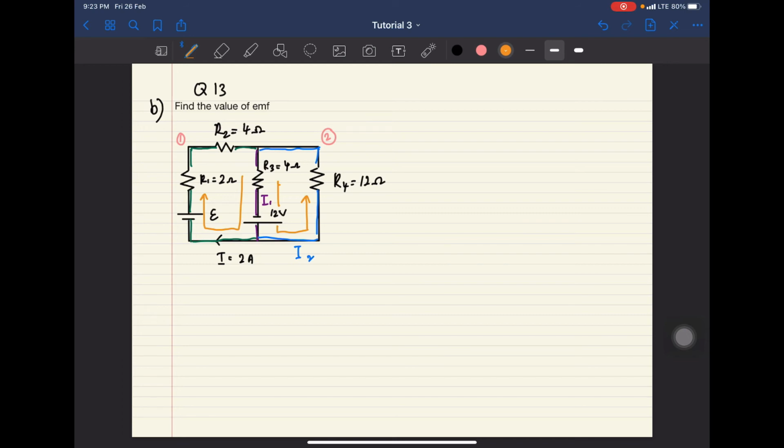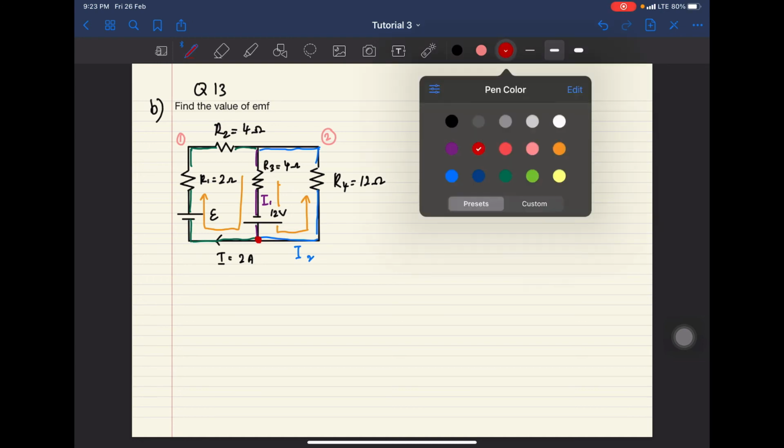Okay, now about the current direction. So direction of I is given. Okay, so if you want to solve, you have to apply junction rule dengan loop rule. So if you want to apply junction rule, you have to determine whether you want to use junction A ataupun junction B tu lah. So I'm gonna choose yang junction below there, down here, because I dekat situ, dekat sikit saya nak buat.